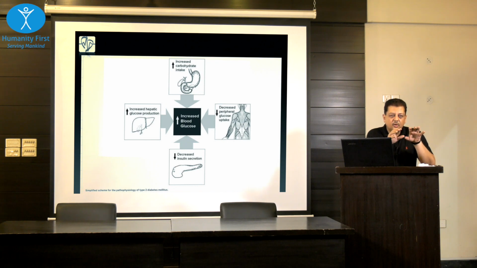The cells respond by further down-regulating the receptors, and so on and so forth. So at one point, there's a lot of insulin and a lot of sugar in the bloodstream, and the result is type 2 diabetes.